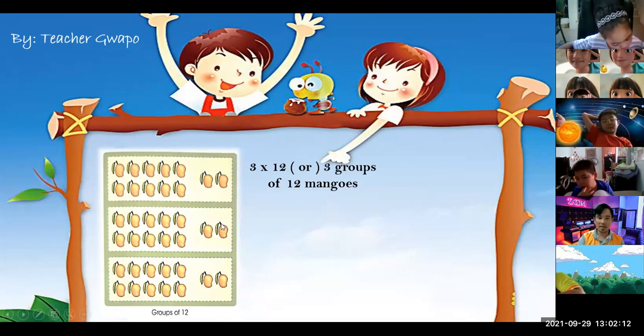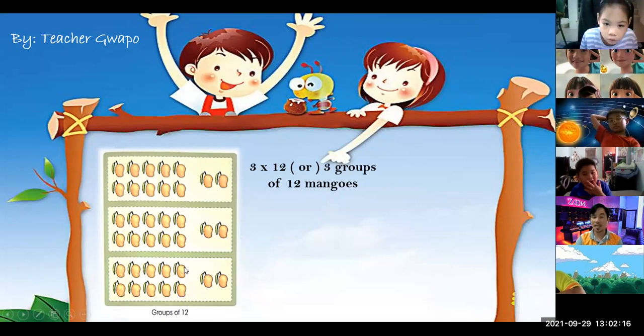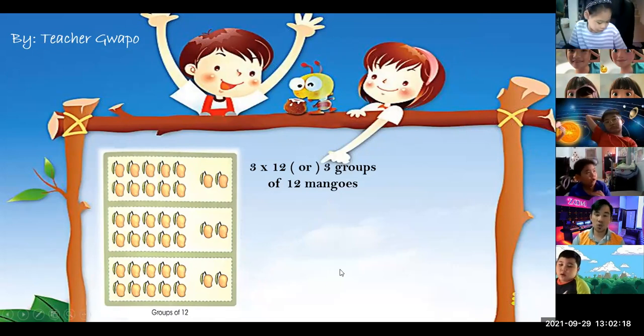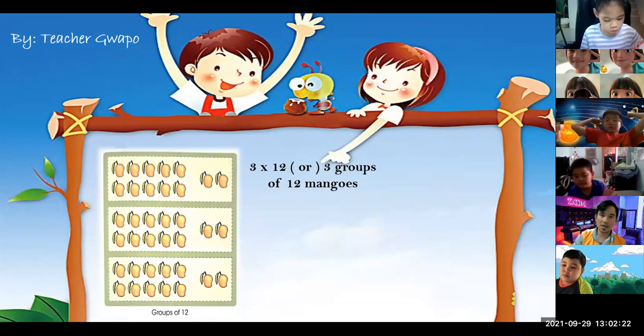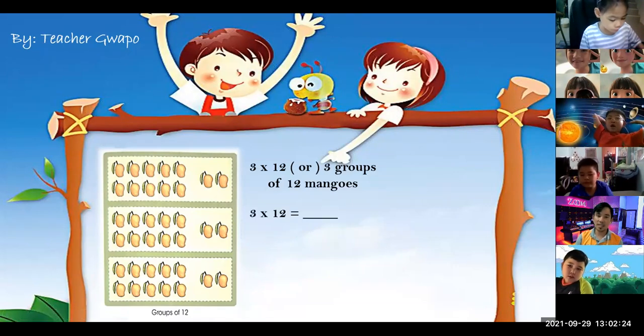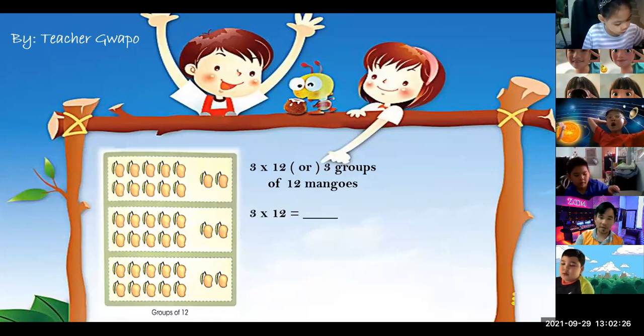So here 12, another 12, another 12. That is 3 times 12: 3 groups, and there are 12 mangoes in each group.